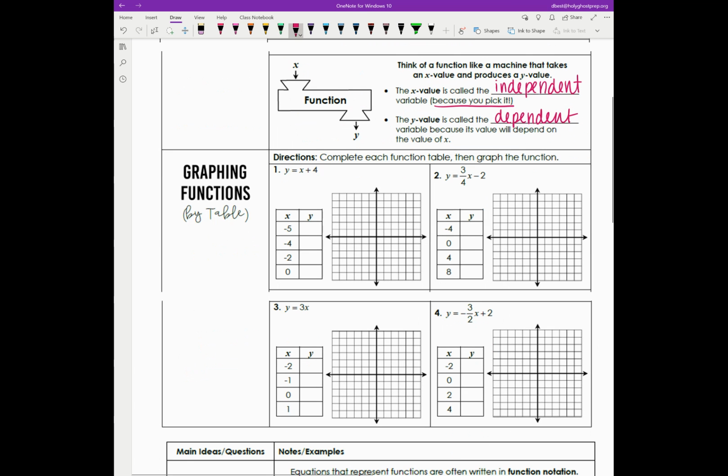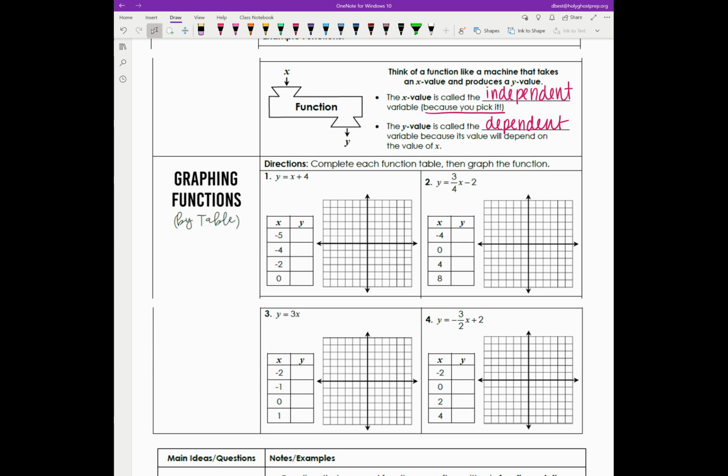So for our first few examples, we're going to use a table and graph it on our coordinate plane. My first equation is y equals x plus 4. We always follow that format of y equals because y depends on x. I have already chosen our x values, and for each of these we're going to plug them into our equation.